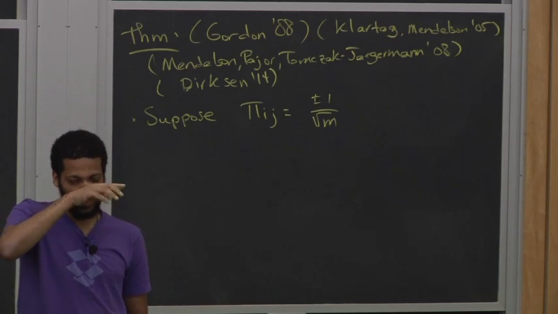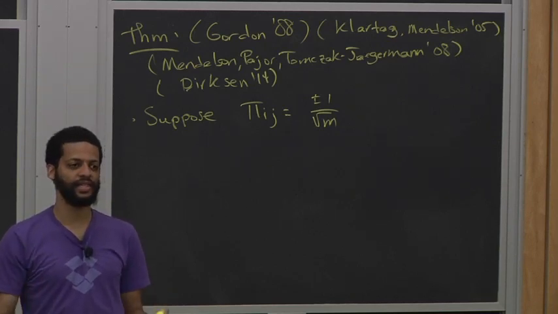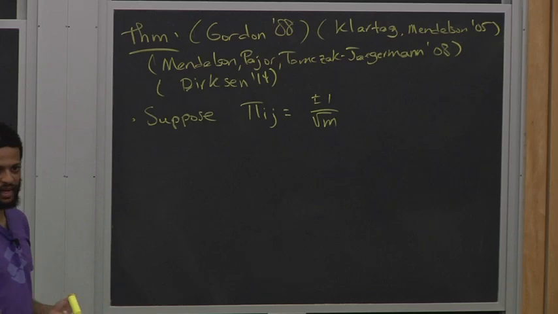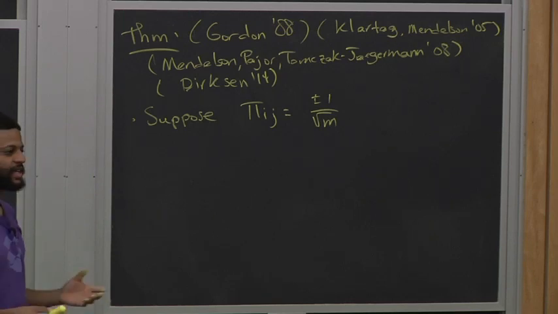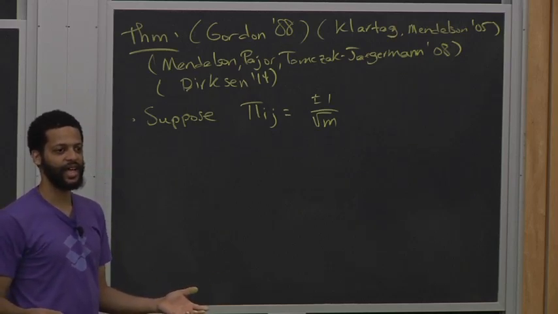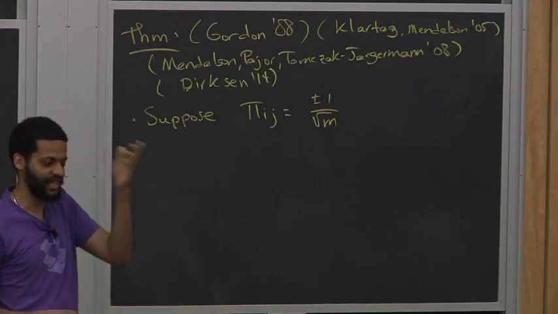You just need any distribution that decays at least as fast as a Gaussian, has mean 0 and variance 1. If you take that distribution divided by root m, it'll give you distributional JL. When I say decays at least as fast as a Gaussian, signs do that because signs have awesome tails. The probability that a random sign is bigger than 2 is 0, so they decay super well.